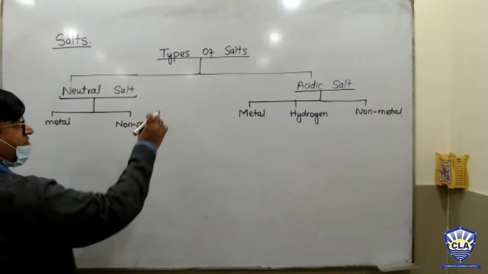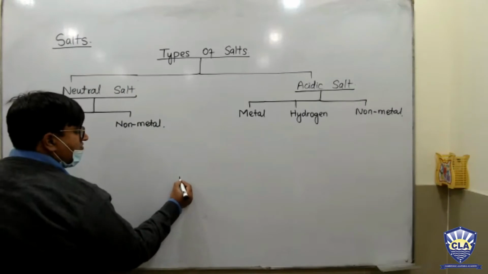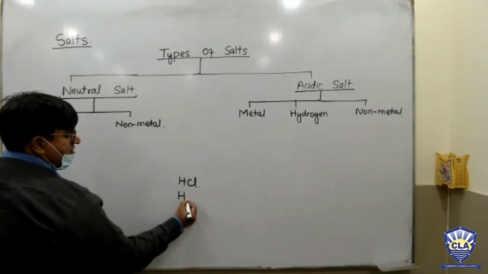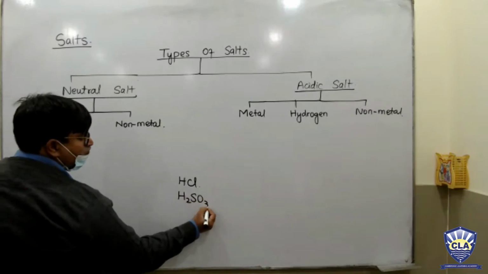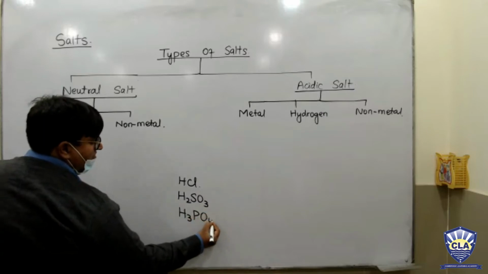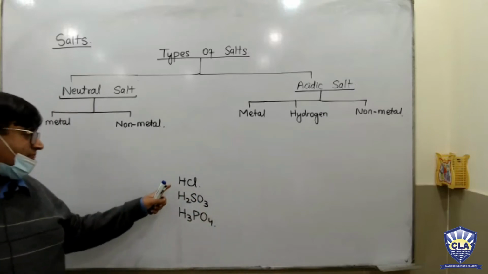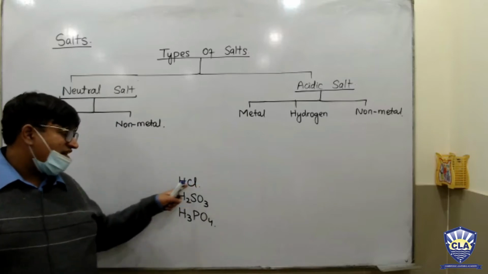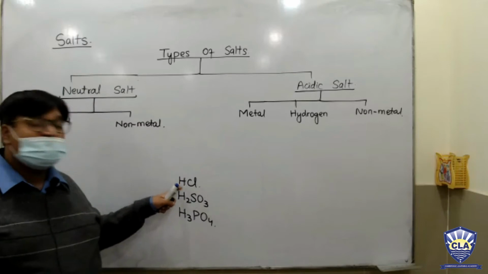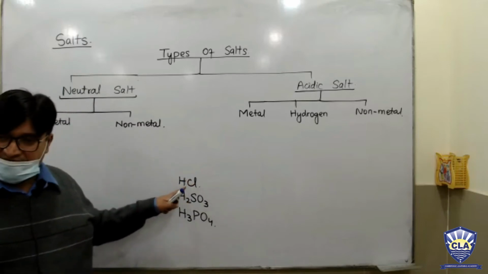Okay. Now, before starting the details of these things, I'm going to write down three acids up here: HCl, the second one H2SO4, and the third one H3PO4. Okay, beta. So this acid HCl, if you dissolve it in water, only produces one hydrogen ion because it contains one hydrogen.